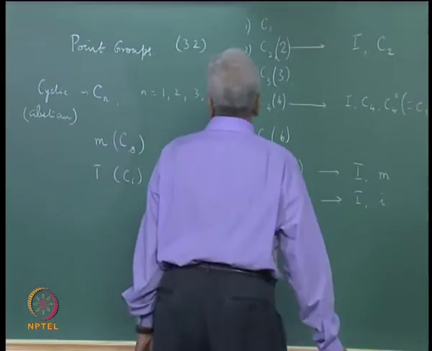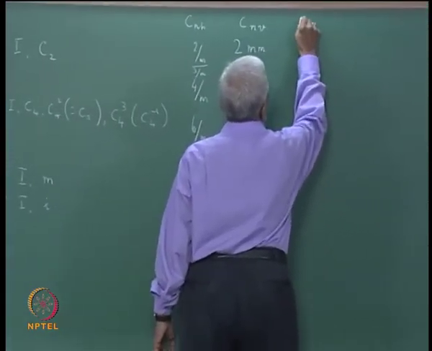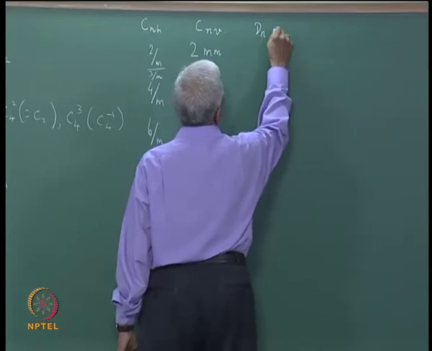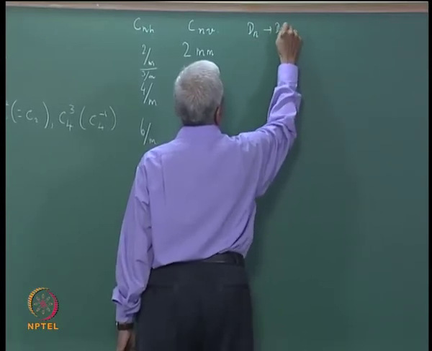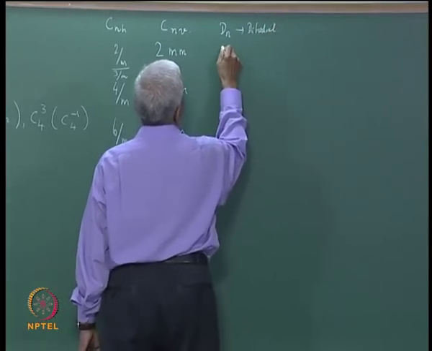Then we said that we have the so called dihedral point groups, Dn, which are got by combining rotation axes.